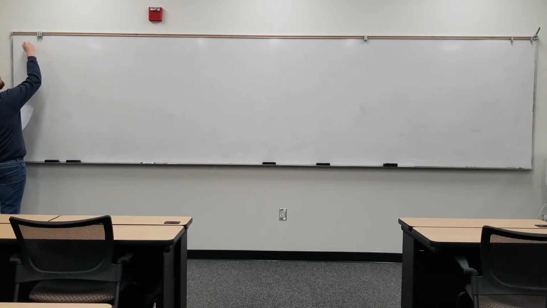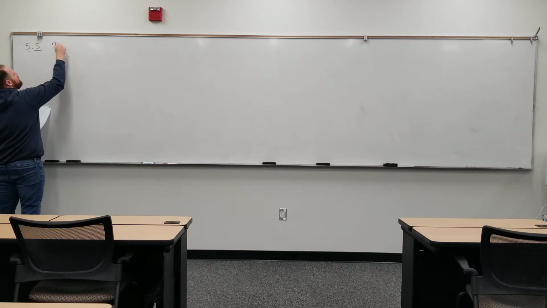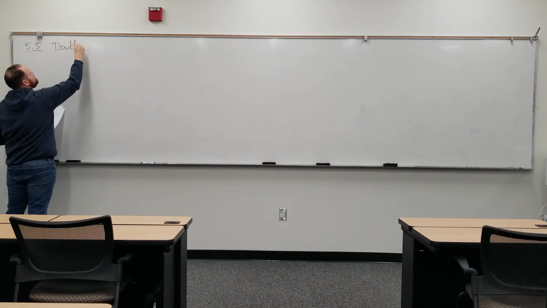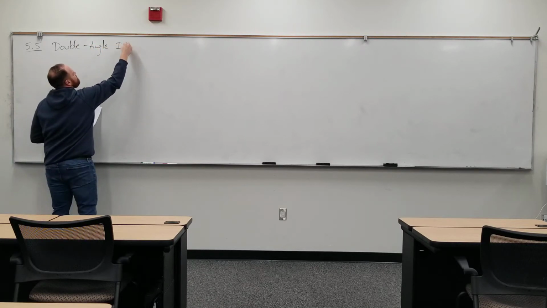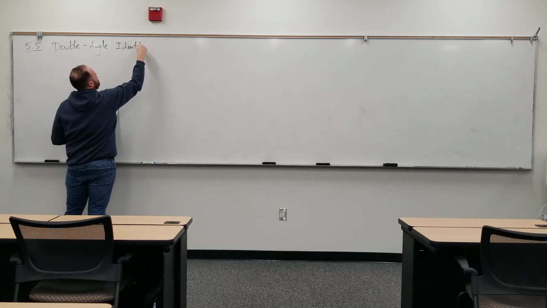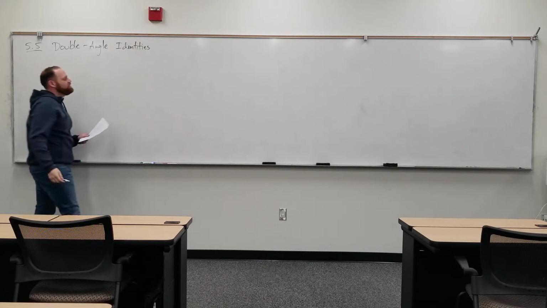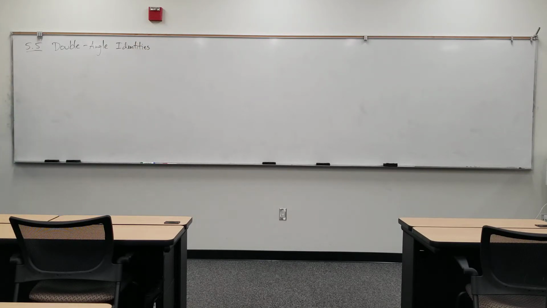So today we're covering 5.5, which is about double angle identities.